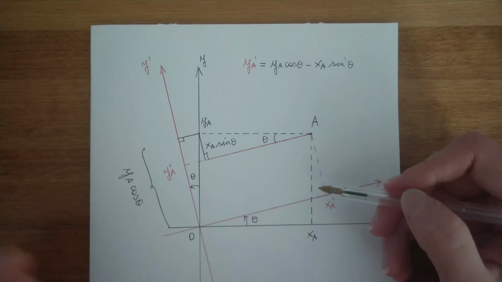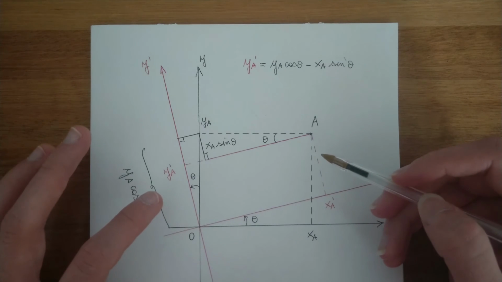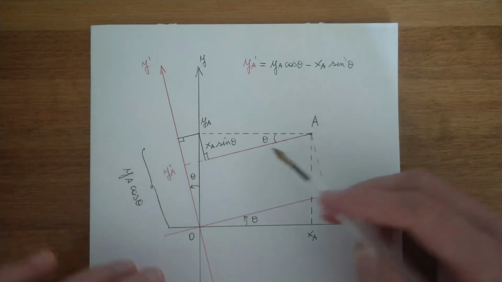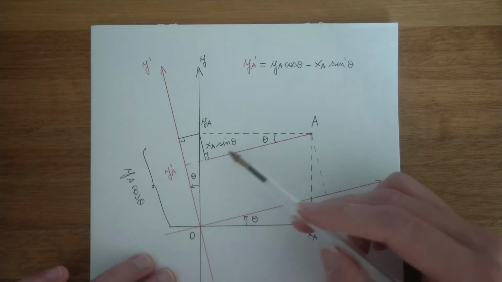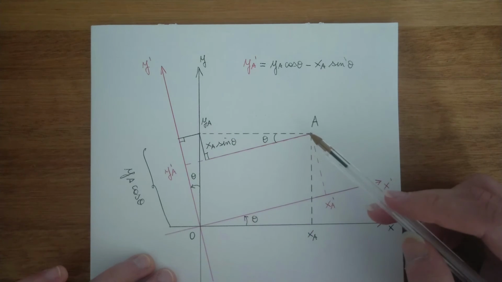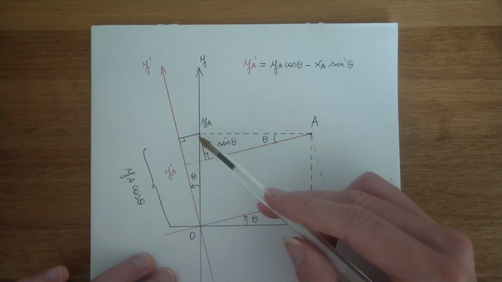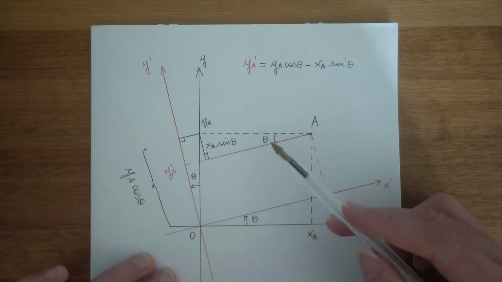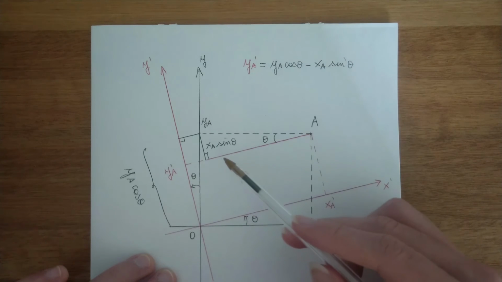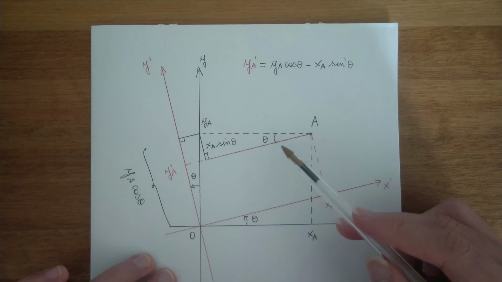And to do that, we have to add to this segment this one, because if you see, this length represents xa. So this length is xa times cosine theta.